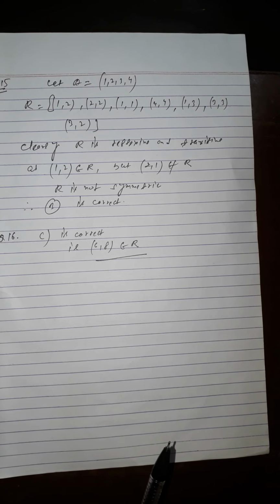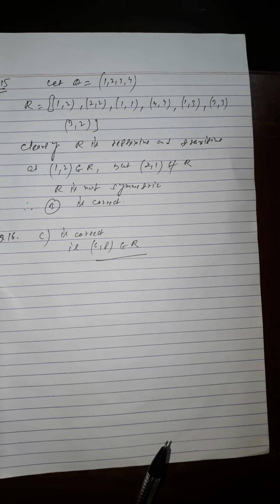Now come to question number 16. R is the relation on the set N given by R is equal to (a, b), where a is equal to b minus 2, where b is greater than 6. Choose the correct option. So here, very simple this is students. Very simply we can express it and write its answer.